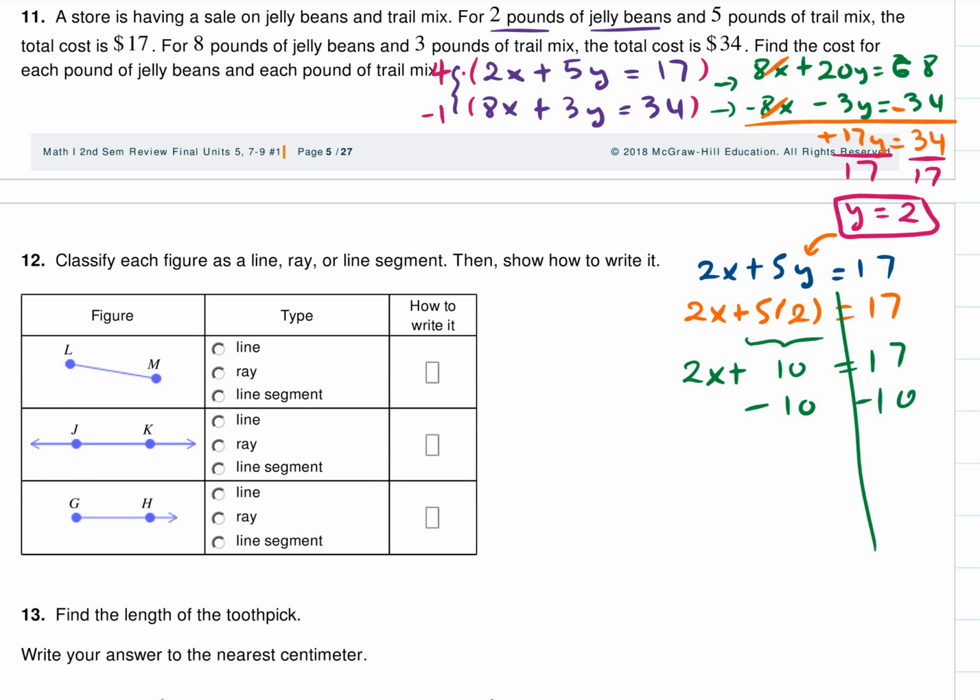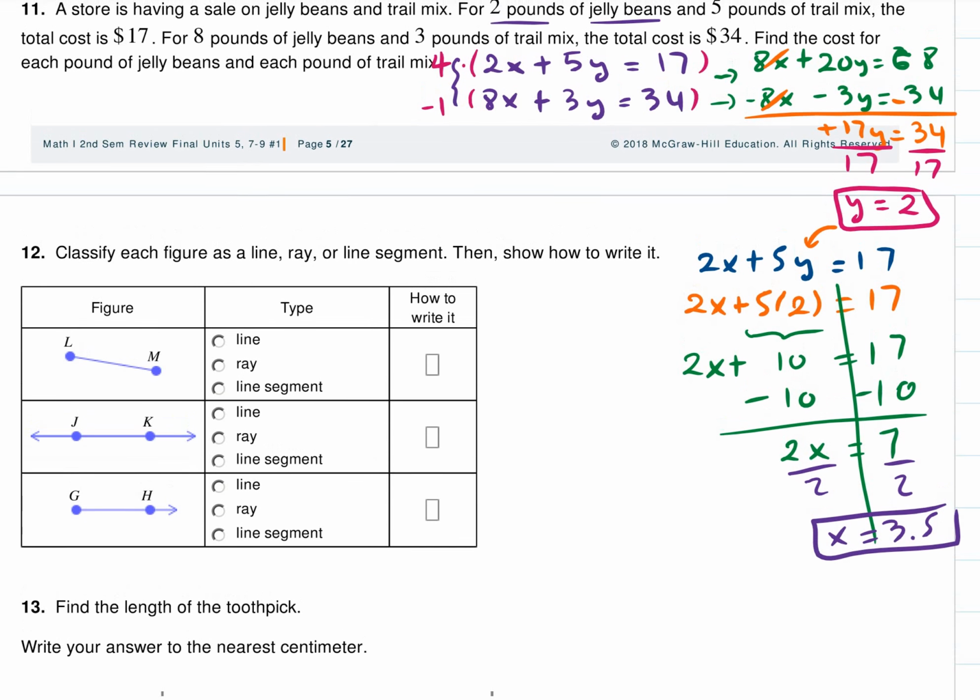Minus 10 on both sides. That will give you 2X equal to 7, and we divide by 2 on both sides. X equals 7 divided by 2, which is 3.5. So $3.50 is the cost of the jelly beans.